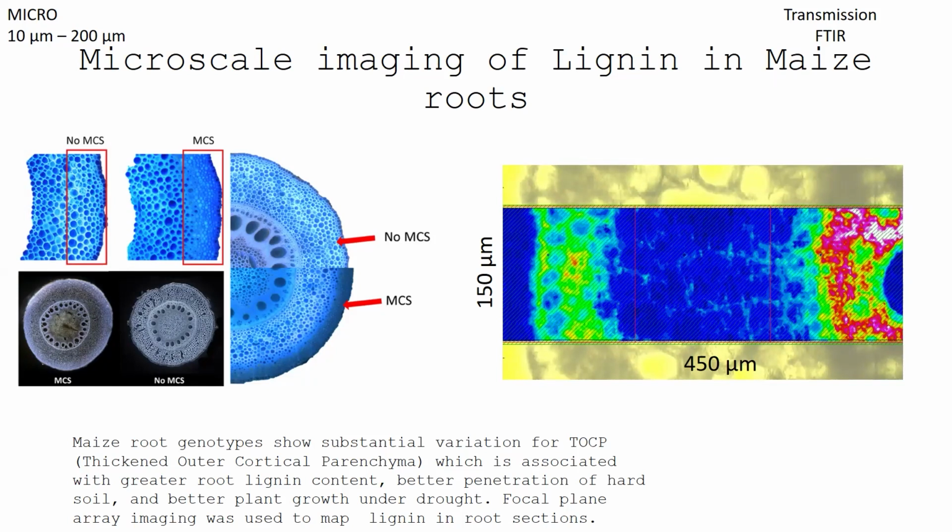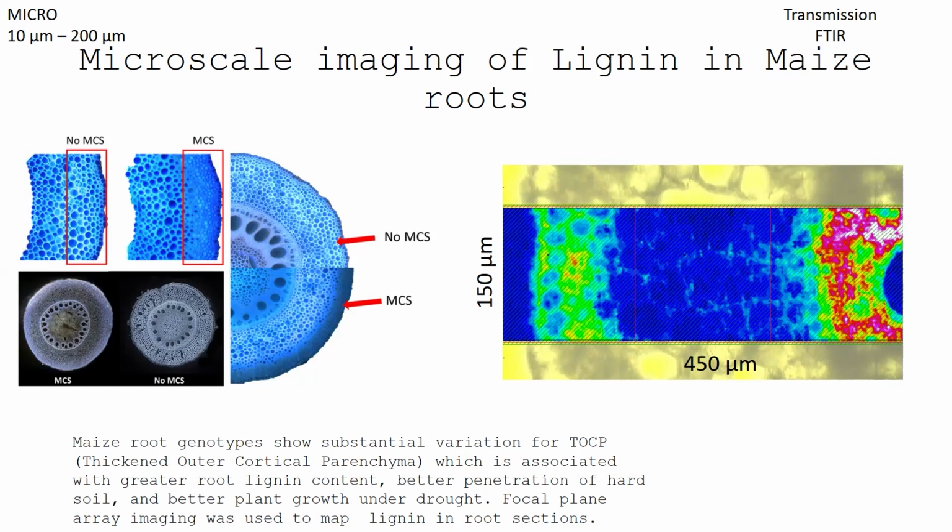Turns out that this is a lignin-rich, I'm not going to even try to pronounce this word. If you have questions about that, talk to me after. But either way, it corresponds basically to a lignin-rich outer layer, which turns out to help these particular genotypes grow in. They're a little bit more drought resistant, and they can grow in compacted soil a little bit better.